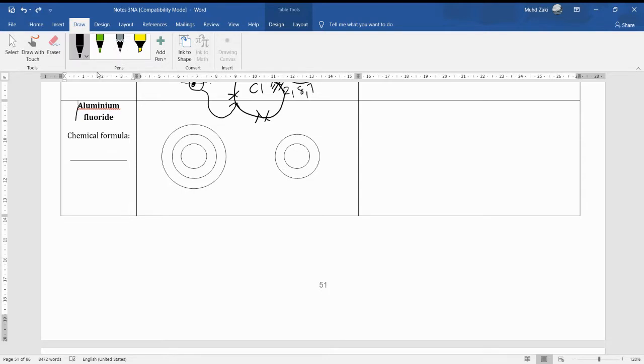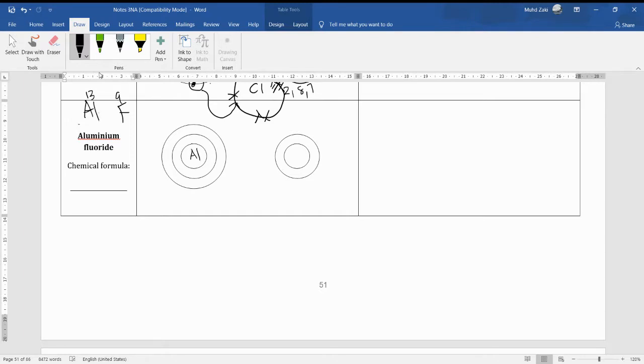Okay, right. So for aluminium, Al, the atomic number is 13. Fluoride comes from fluorine. Atomic number is, let me see first, 9. Check the periodic table if you are not that sure.